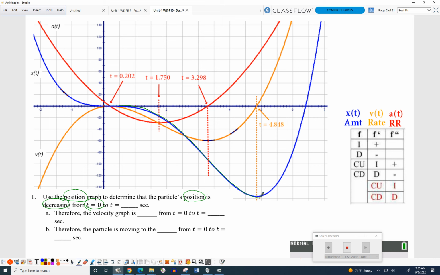That would be when I would be most left, and then the position becomes less and less negative, meaning I'm now moving to the right. So I know the position is decreasing, the particle's moving left, starting at time 0 and going all the way to time 4.848.